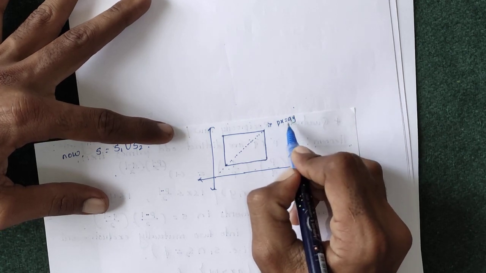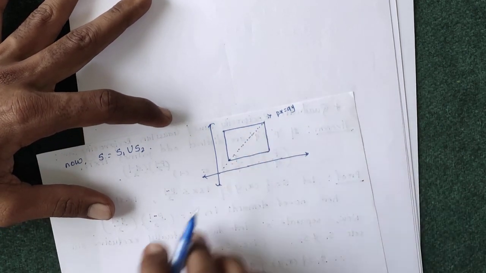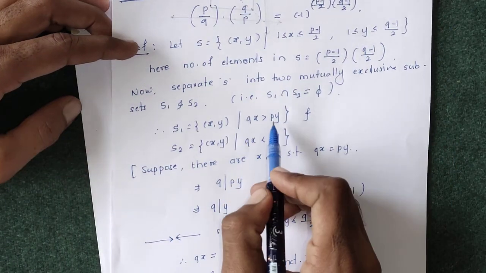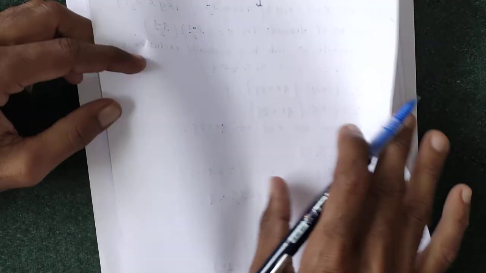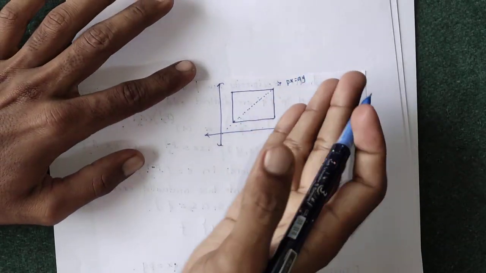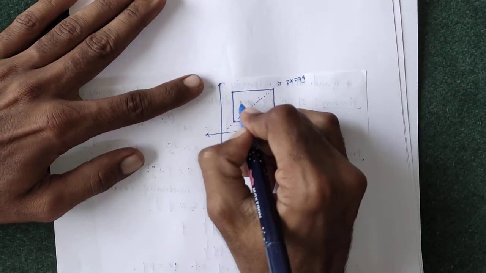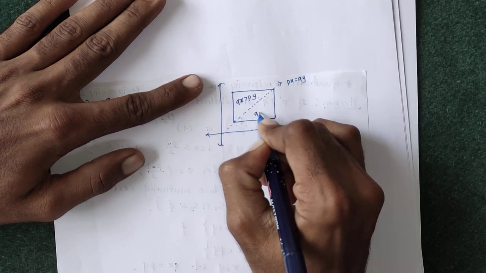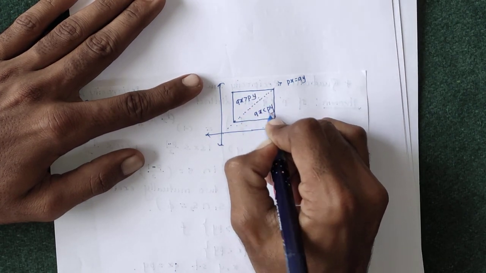The condition qx equals py is not satisfied. Suppose in the set S1 we have taken qx greater than py, that is the upper portion of this line, and this portion is qx less than py.